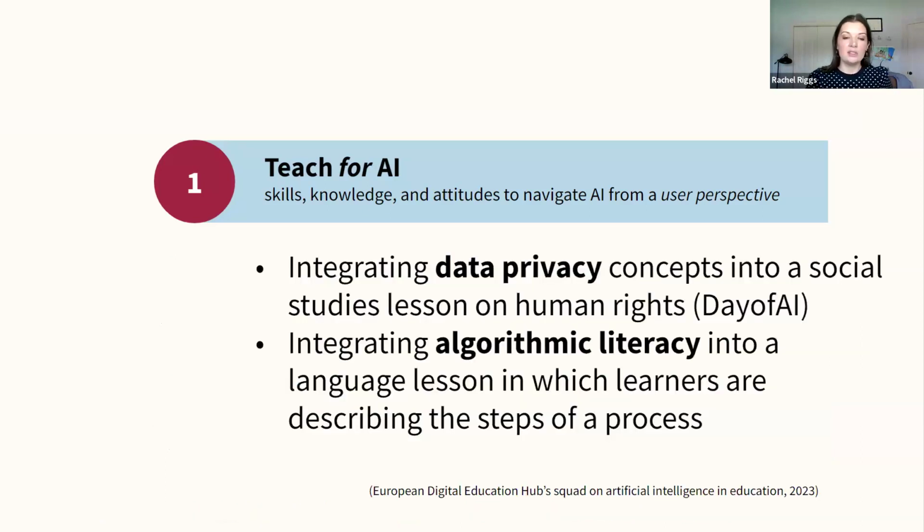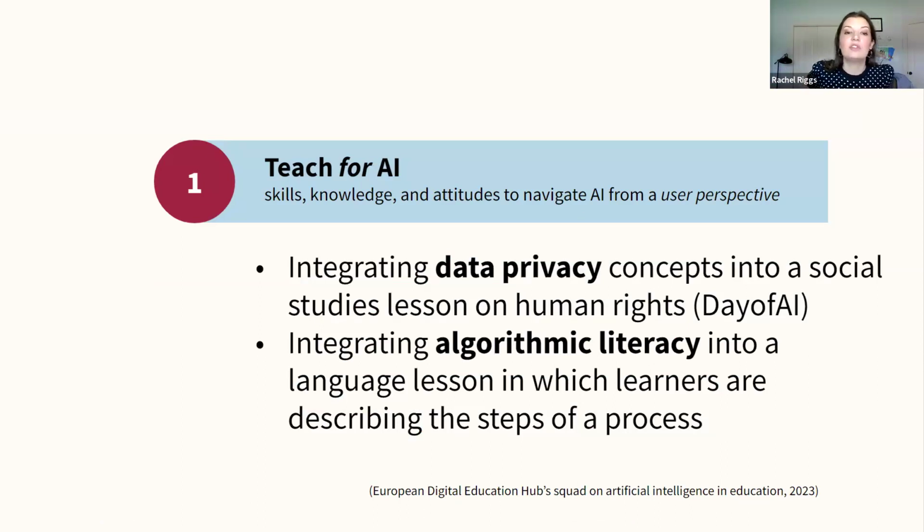Some examples of what it might look like to teach for AI. You might integrate data privacy concepts into a social studies lesson on human rights. That's an example of an actual lesson plan, a free one that is on a website called Day of AI, which has lots of different curricular resources, primarily for elementary and high school, but could be adapted for adults.